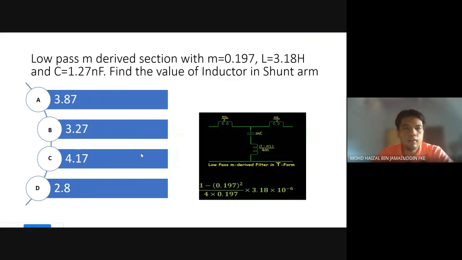Okay, second question. Low pass m-derived section with m equivalent to 0.197, L equivalent to 3.18, and C equivalent to 1.27 nanofarad. Find the value of inductor in shunt arm.